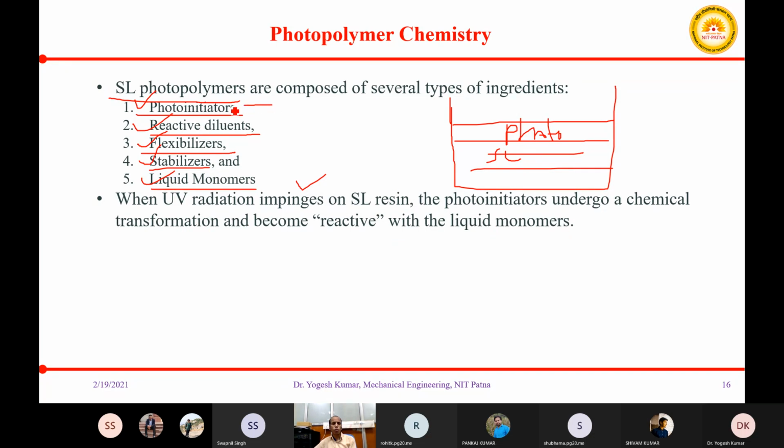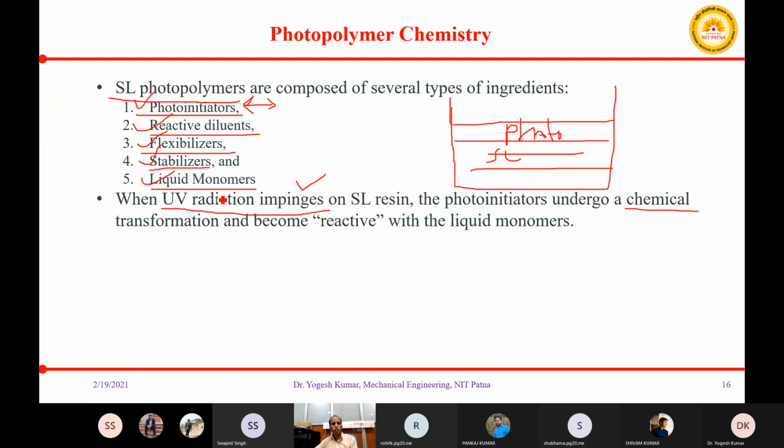There is some chemical transformation in these photoinitiators. I have not written those chemical reactions in these slides, but if you want to go into detail, you can check on Google or even Wikipedia. If you search free radical polymerization, you will find the detailed chemical transformation that occurs when UV radiation impinges on your SL resin.